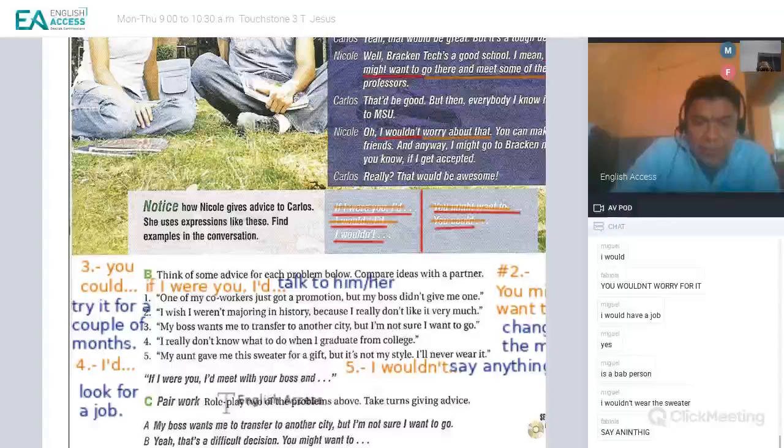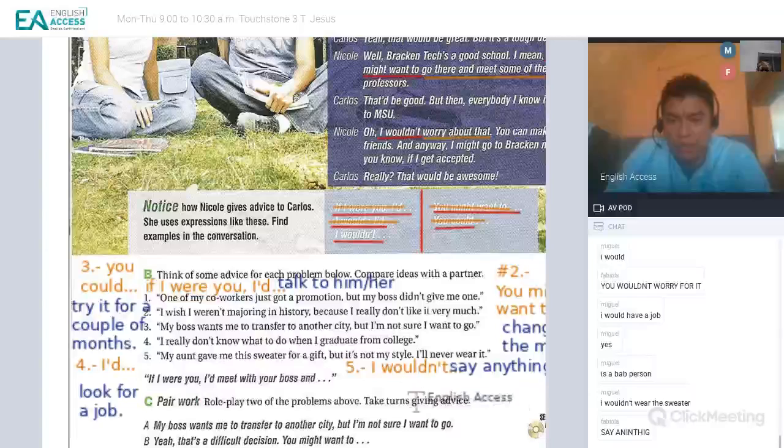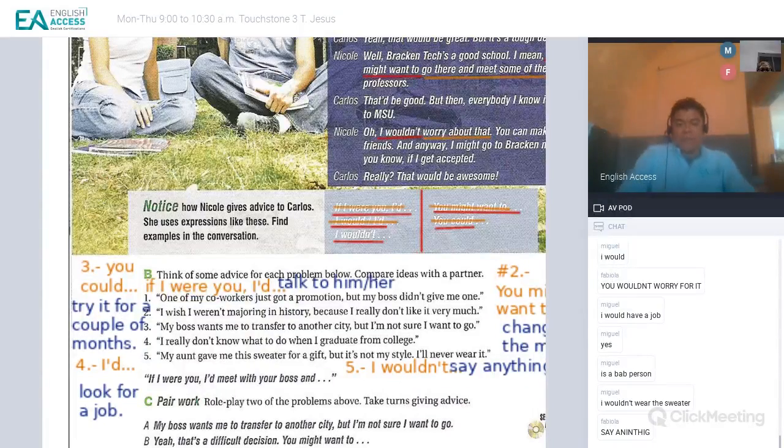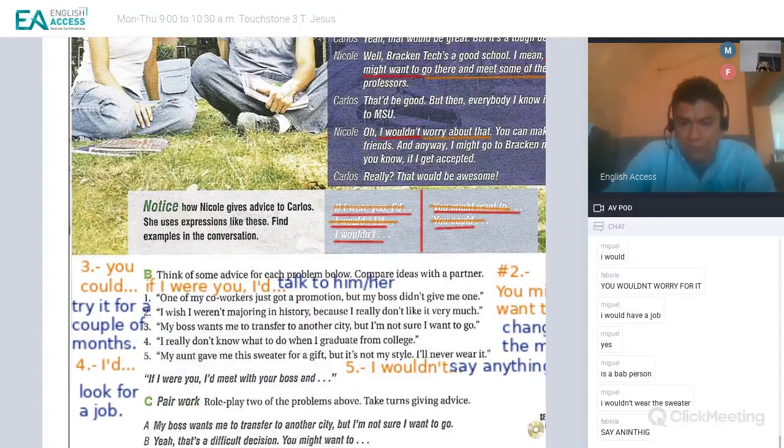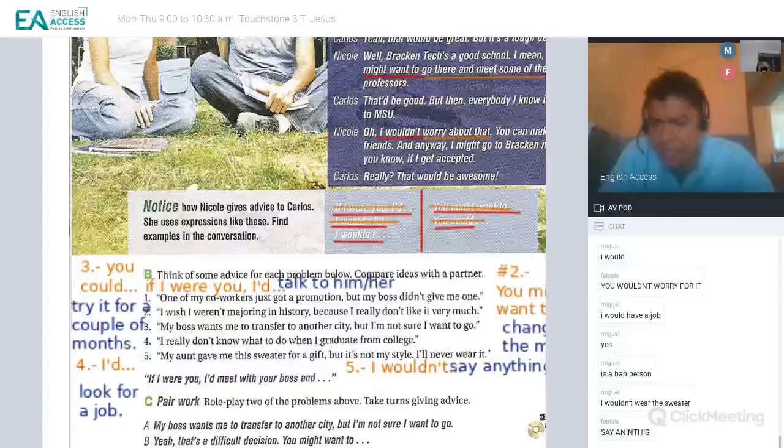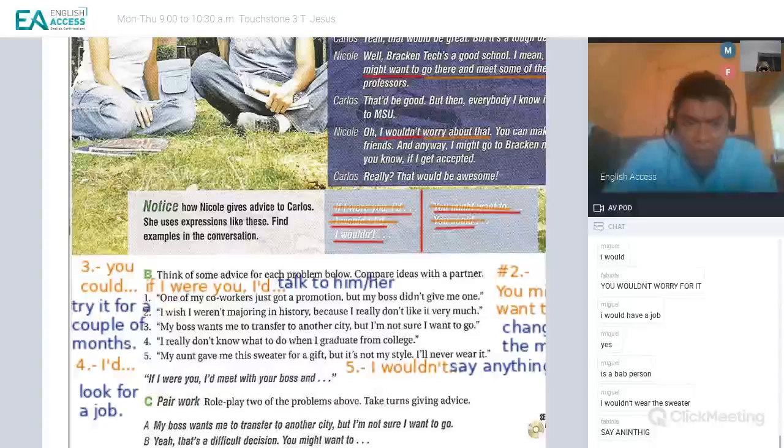So better work. Role play 2 of the problems above. Take turns giving advice. So the first thing we have to do is look at these examples that I wrote on this page, and you need to think of a different advice, a different recommendation or suggestion for each one.